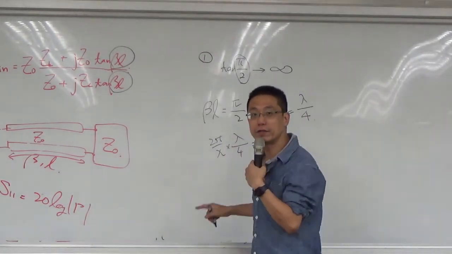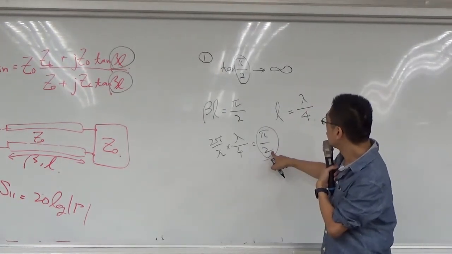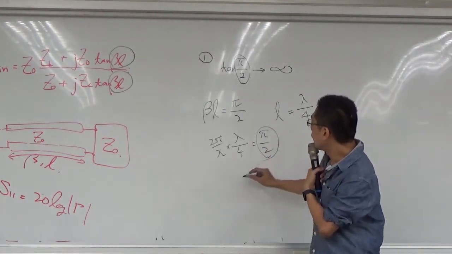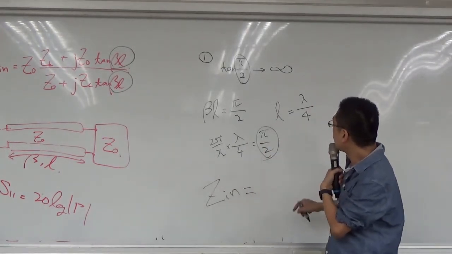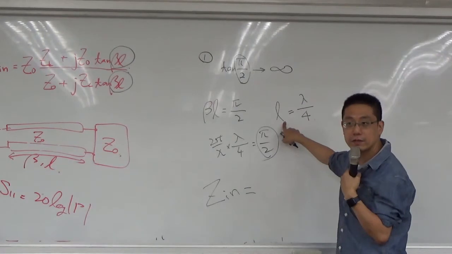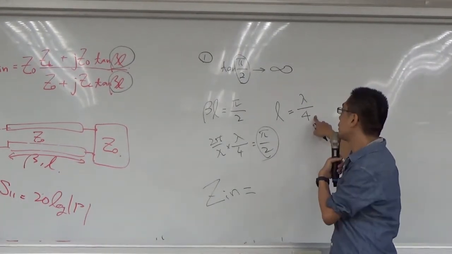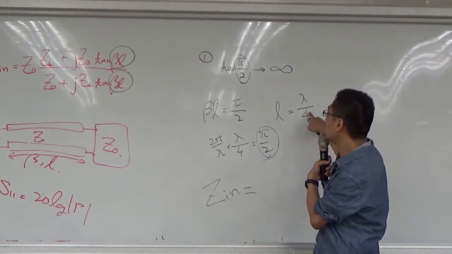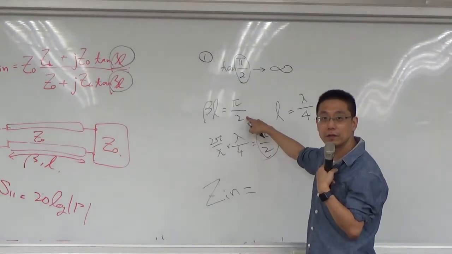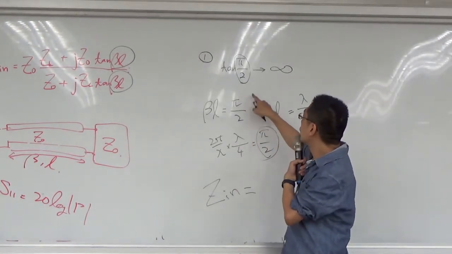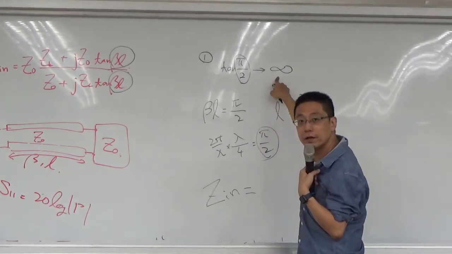Okay, 2 more points, the same. What happened if your length is lambda over 4, or I say, if your theta is pi over 2? For this case, your tangent pi over 2 goes to infinite, right?